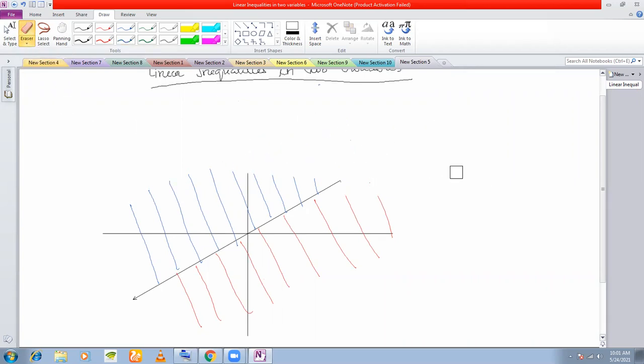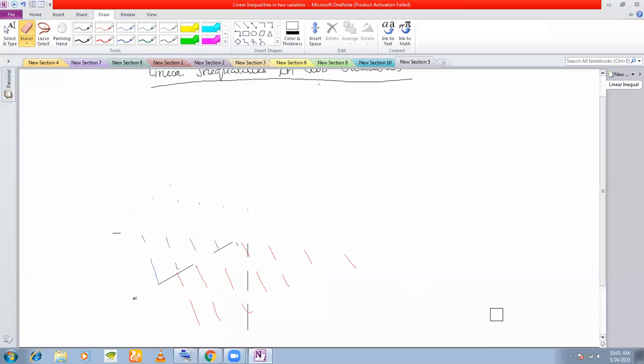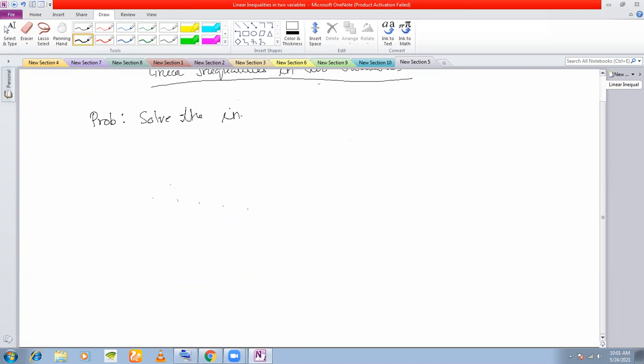let's start with the first one. Question here is, solve the inequality y less than or equal to x.